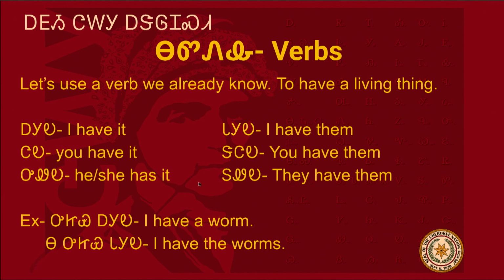So we've learned in previous Cherokee lessons that if we put a D sound, like in the case of agika, if you have more than one thing, it's da gi ka. I have more than one thing. Okay? De cha ka. You have more than one thing that's living. U we ka becomes du we ka. They have more than one thing, right?